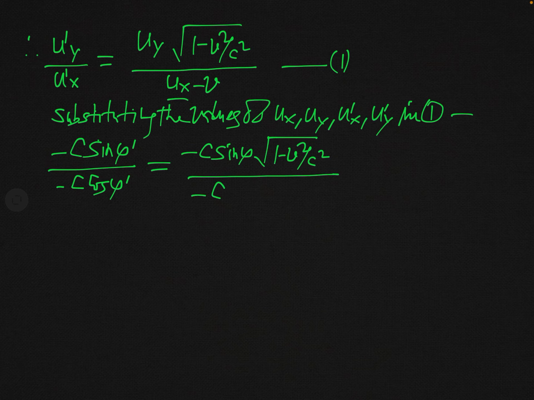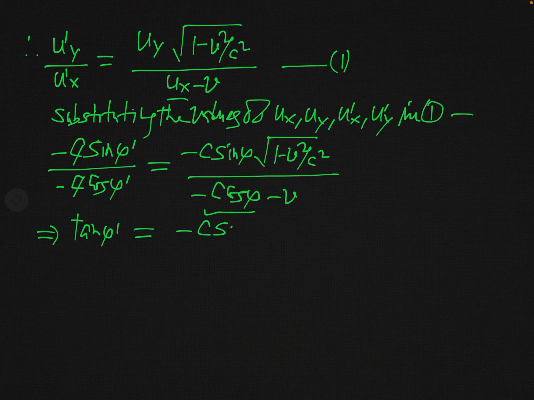This is minus c cos phi, and minus v. So let us simplify this equation. You can see this minus c and minus c will actually cancel out. So in LHS there will be simply tan phi prime, and in RHS let us take this minus c cos phi as a common factor in denominator.